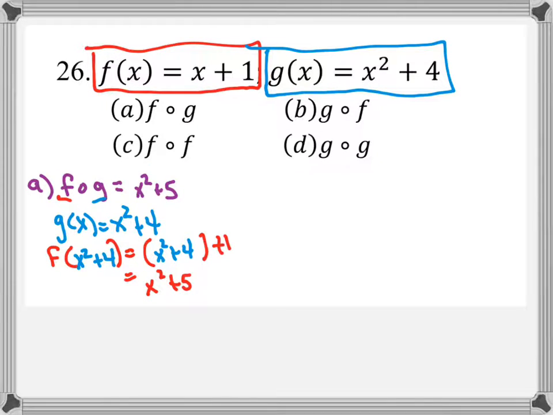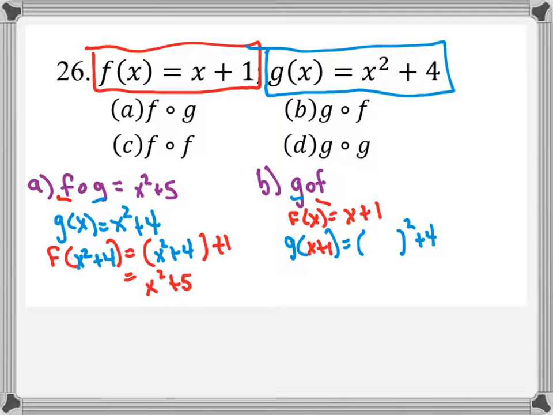Okay, so f of g was x squared plus 5. Let's find g of f. So we're starting first with our f function. So f of x is x plus 1. And we will substitute x plus 1 in for x into the g function. So g of x plus 1.